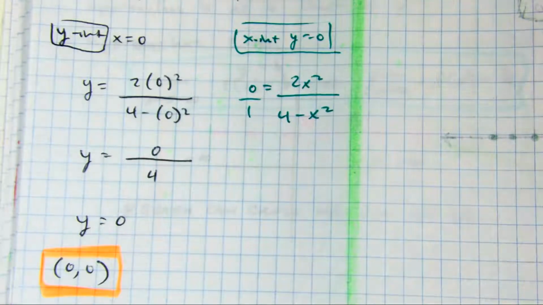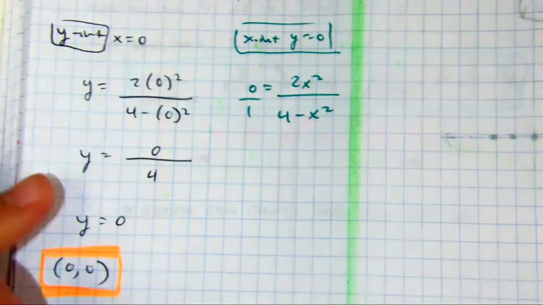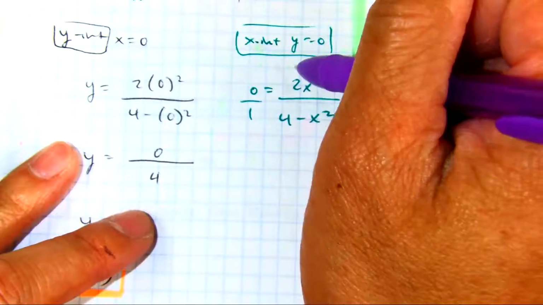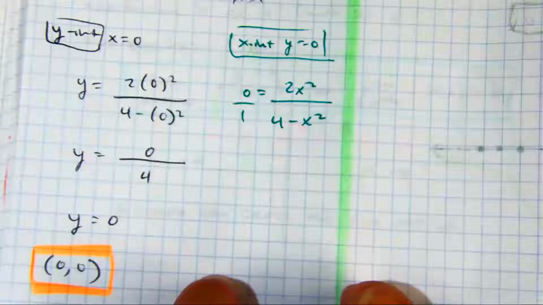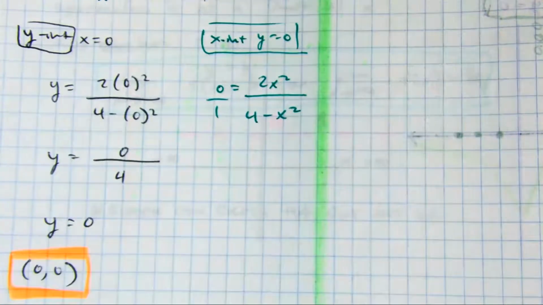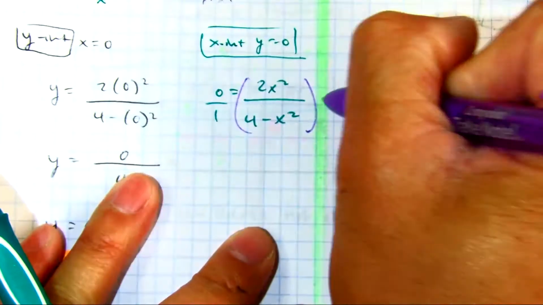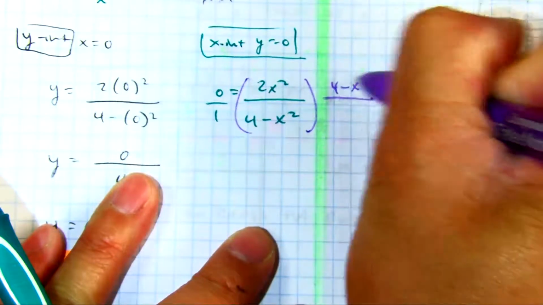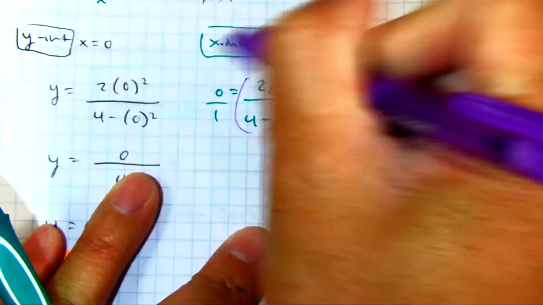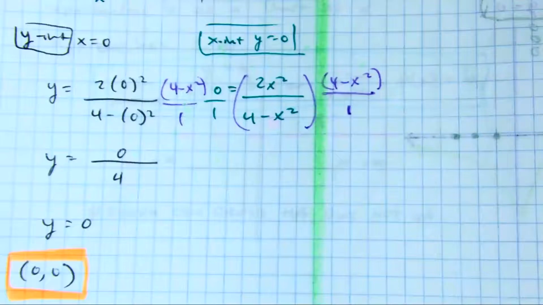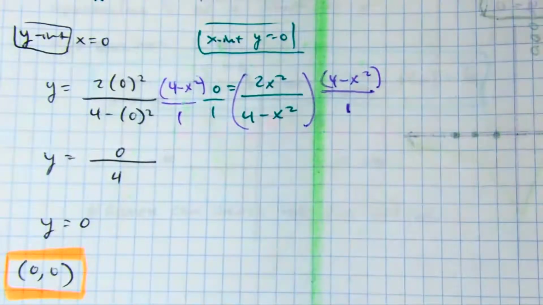Yes, Sarah. Okay, I like that better actually. If you said cross multiplying, that is okay, but what she's doing I like better. She's doing 4 minus x squared on both sides. This is essentially what cross multiplying is doing. Okay, Sarah, what happens here?